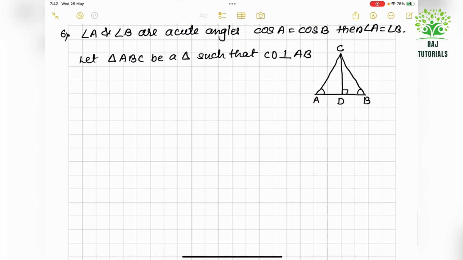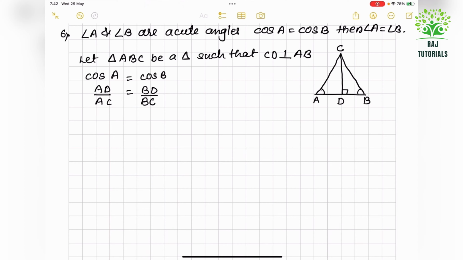Now cos A equal to cos B, it is given. So if I see, cos A will be AD upon AC equal to cos B, BD upon BC.